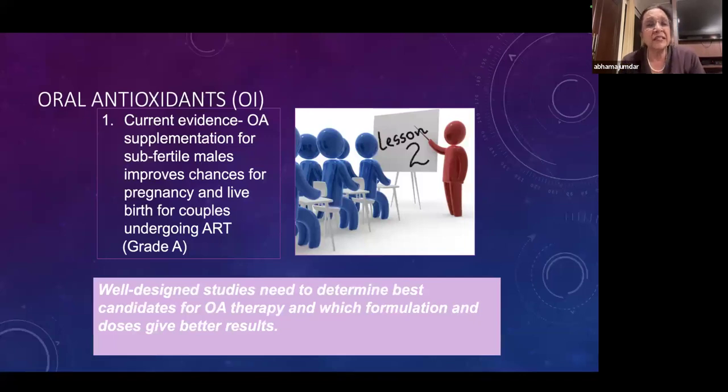So current evidence says that oral antioxidant supplementation for subfertile males improves chances of live pregnancy and live birth for couples undergoing ART. So we need well-designed studies to see which are the best candidates for antioxidant therapy and which formulation and doses will give us the best results.